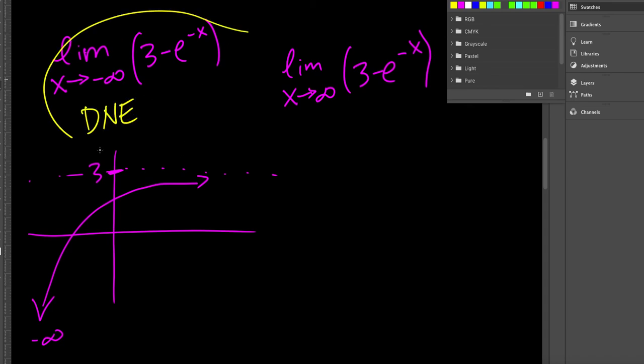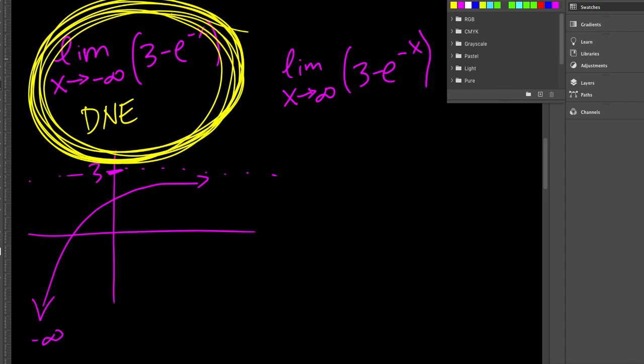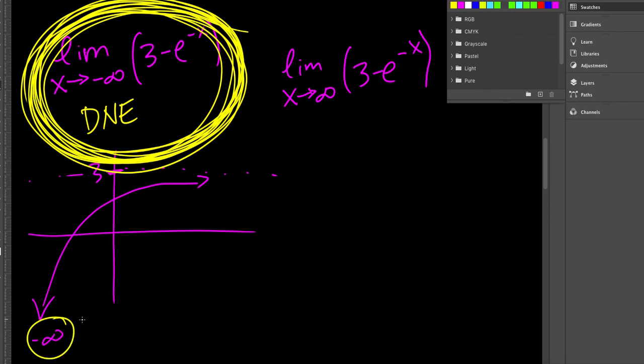Okay? So you guys can triumph and quote Mean Girls over and over and over. The limit does not exist, the limit does not exist, the limit does not exist, okay? Because that's what happens when we diverge to negative infinity or diverge to positive infinity. So since we went to negative infinity as we went to the left, we went down forever, there is no limit, and so it does not exist.